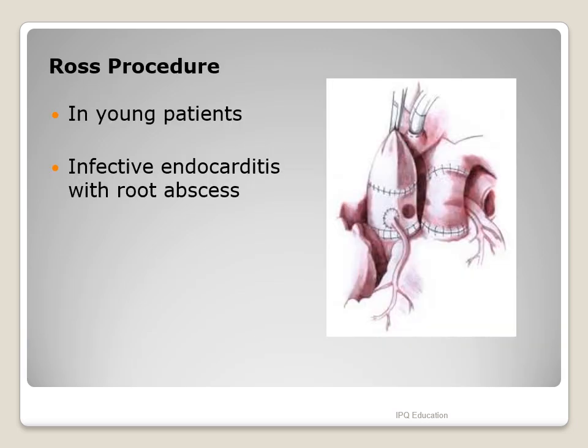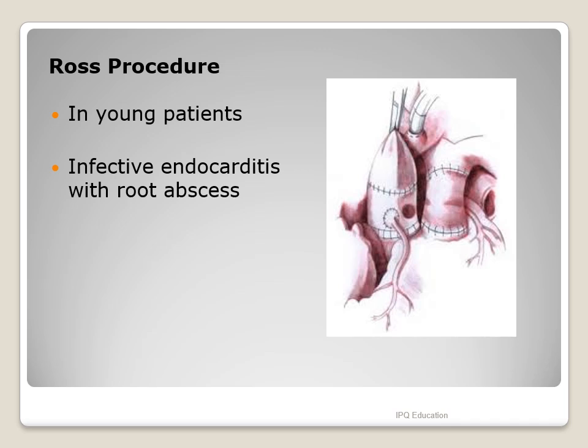The Ross procedure was first reported by Professor Donald Ross in the 1960s. It involves the use of the patient's own pulmonary valve and proximal part of the pulmonary trunk, which is removed and is used to replace the patient's own aortic root after excision in a way similar to the one used in the Bentall procedure.